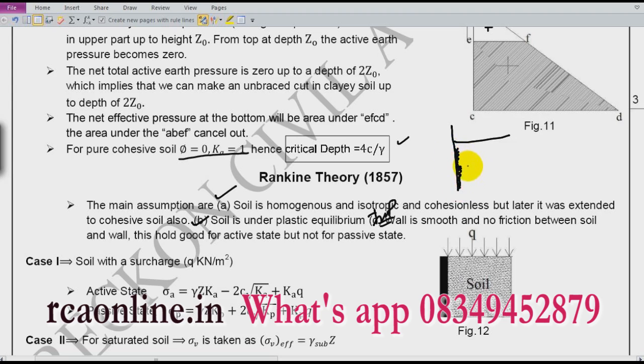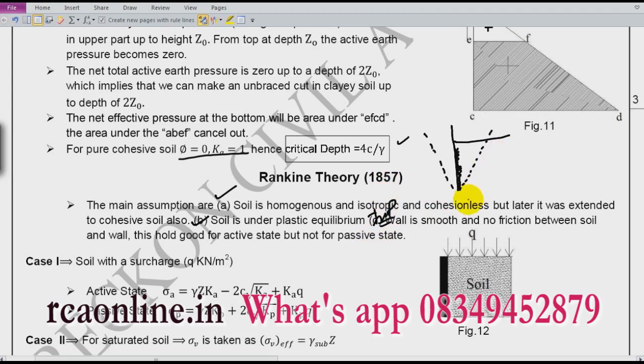But this holds good for the active state, since the wall is moving away from the soil, so the friction will reduce and the theory is well applicable for the active state. But this cannot be possible for the passive state because the wall is moving towards the soil and friction will increase to a greater extent. So the Rankine theory is more applicable for the active state and less applicable for the passive state.